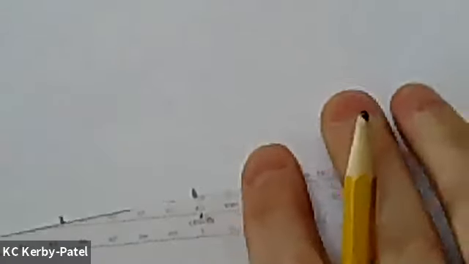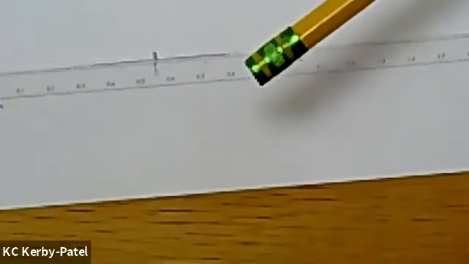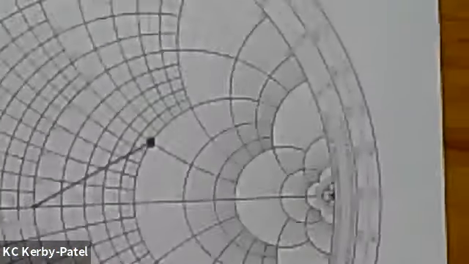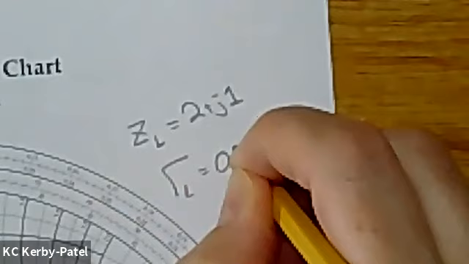Start from the center, where it's labeled center, and you get that the reflection coefficient magnitude associated with that load impedance is this much. Looks like 0.45. Whoops. It's from there to there. 0.45. See, here's my little piece of paper and the dots lining up. So now I know that my reflection coefficient is 0.45.